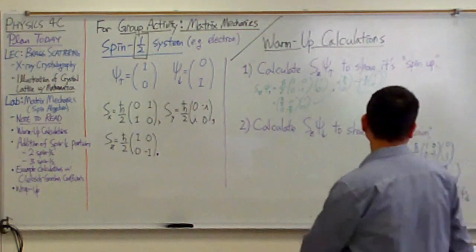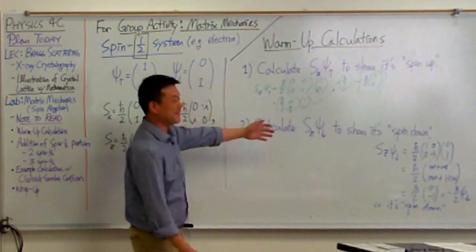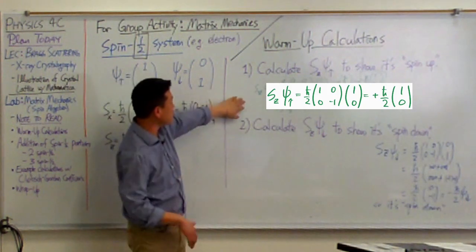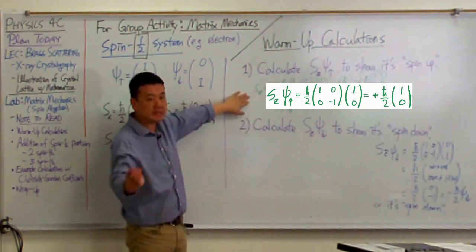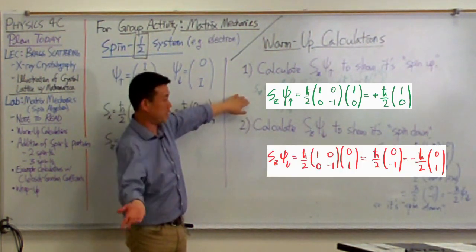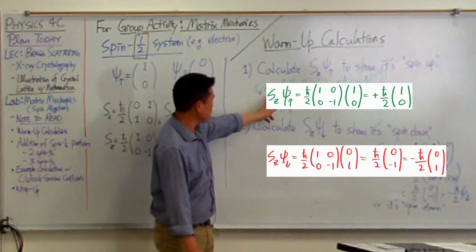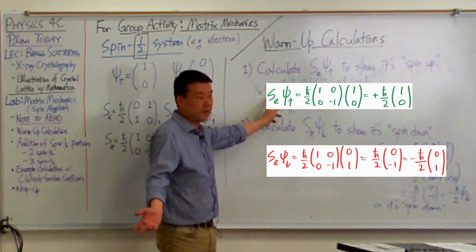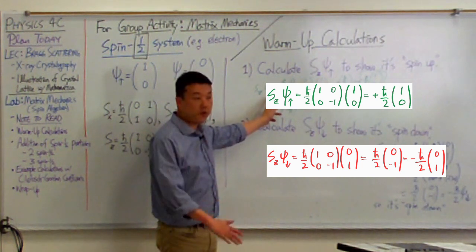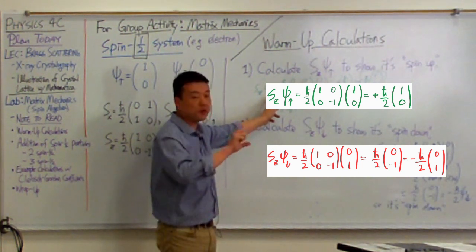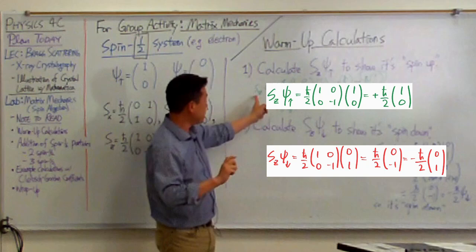So yeah, it's not a difficult calculation, but this is showing the basic idea behind what we are calculating and what it's for. You have a state which you maybe suspect is an eigenstate, a state with a definite particular value for the thing you are measuring.